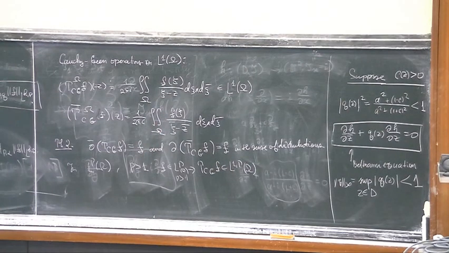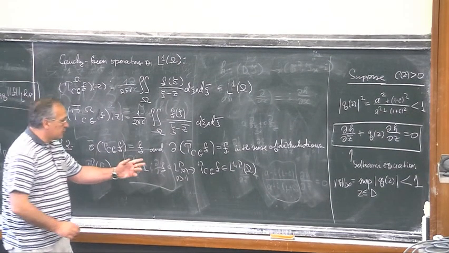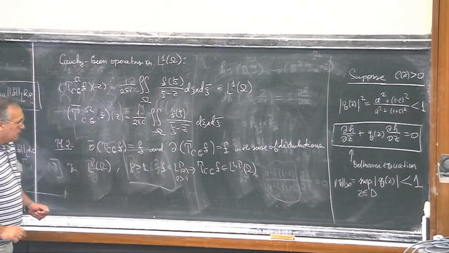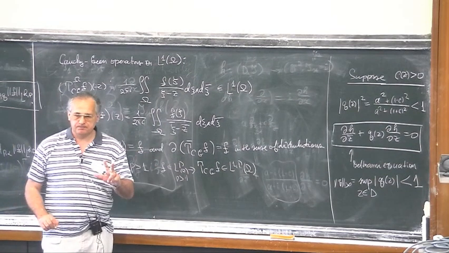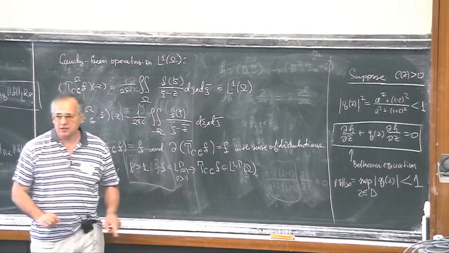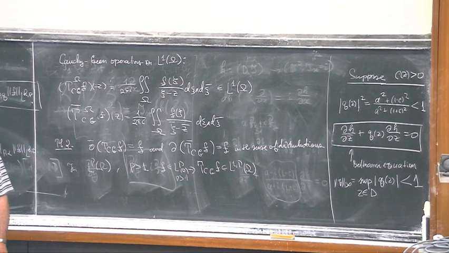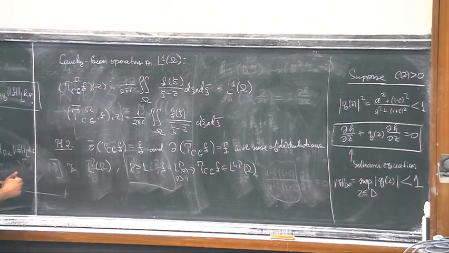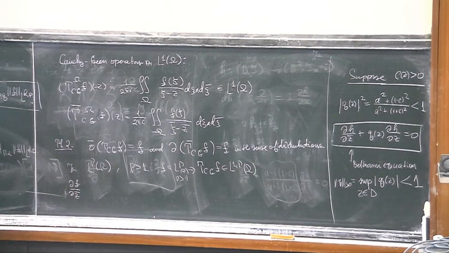Now let me start to explain why that is. To prove that this function is in W1,P, we need to prove three things. First, that this function is itself in LP, which is obvious, since it's a convolution with a nice kernel. Second, that its derivative with respect to z bar is in LP.